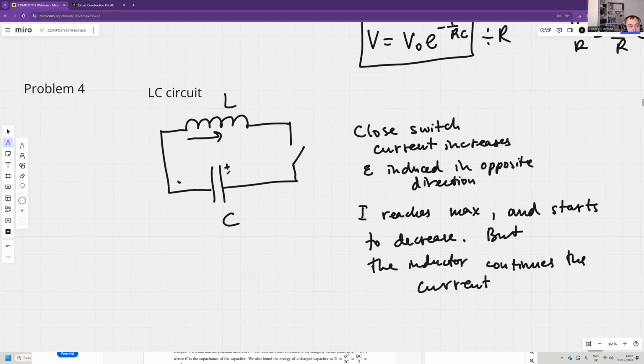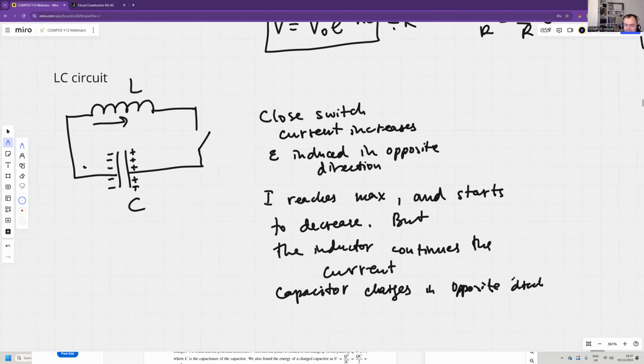In that way, now this plate is positively charged, and this plate is negatively charged, because the current flows to the other side of the capacitor. And then the process repeats in the opposite direction. The capacitor charges in the opposite polarity.